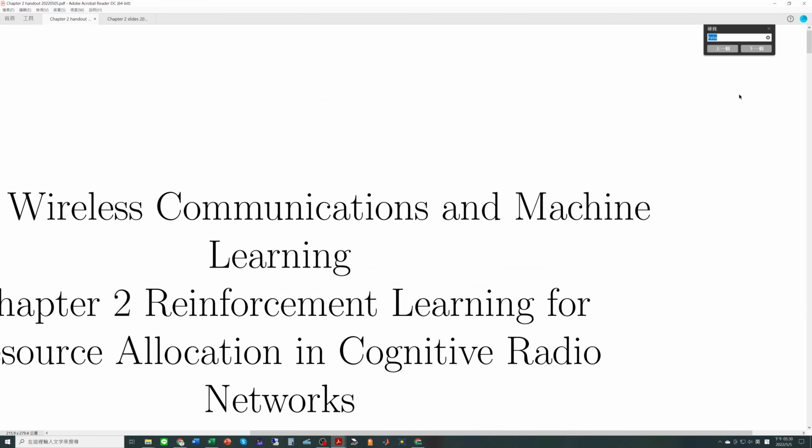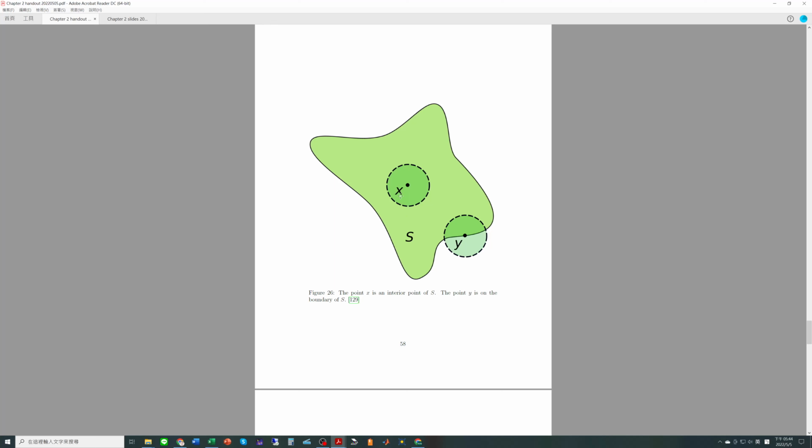The point X is an interior point of S, because we can find an open ball, an open disk in the plane, whose center is on X. So X is an interior point of S.